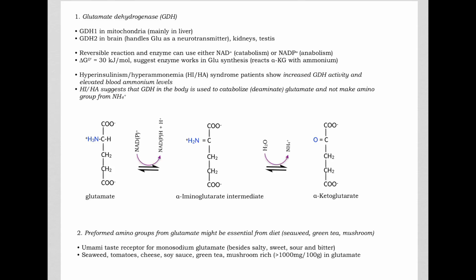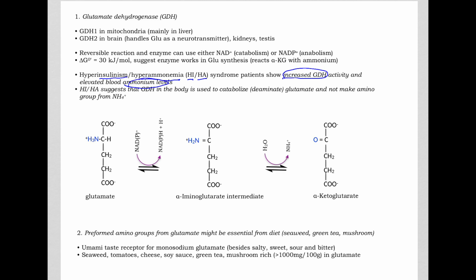However, in the disease called hyperinsulinism hyperammonemia, HIHA, these patients have high levels of glutamate dehydrogenase activity. At the same time, they also have high blood ammonium levels.